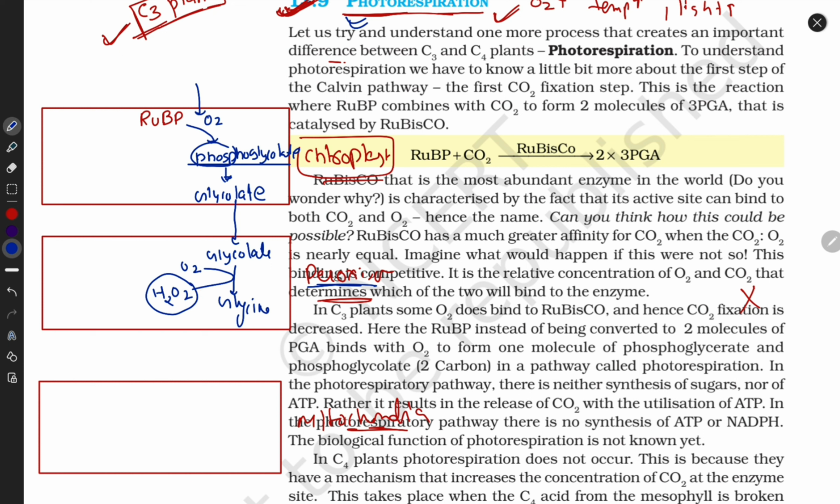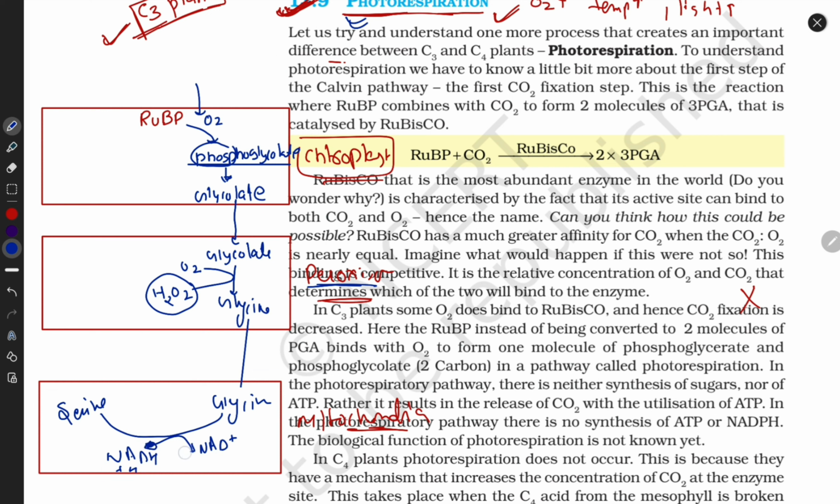Now this glycine enters where? The mitochondria, and this glycine converts into serine, and we again lose what? Energy, guys. We lose energy. No, guys, look at here. This is the conversion.